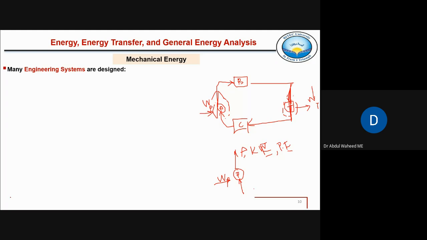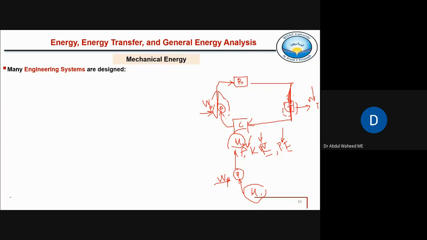Internal energy stays the same from inlet to outlet, because there is no change in temperature; the liquid flows through this pump and its temperature does not change. And this is what we normally observe: from the inlet to the outlet of the pump, either the pressure changes, or the kinetic energy changes, or the potential energy changes, but there is no change in internal energy. We do not see any change in temperature of the fluid.